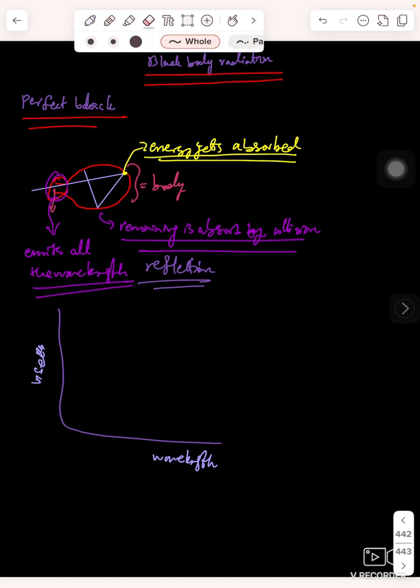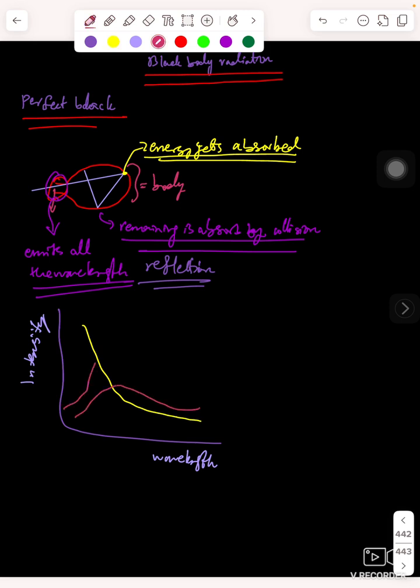Okay. Now, intensity, sorry. Now what this shows is that we have a curve which is like this, with many graphs like this, and like this.